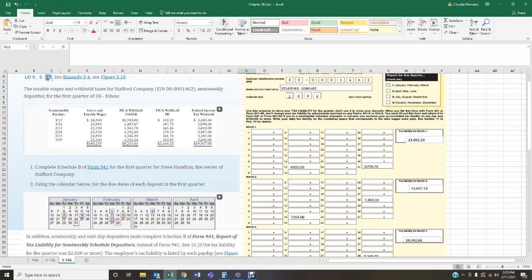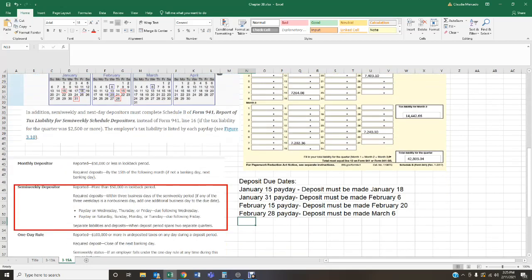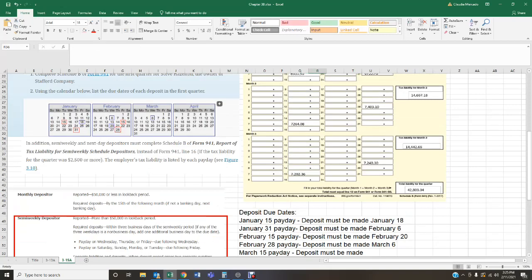Okay, so the next one we have is March the 15th payday. So it's just a matter of following the table here, and this is coming from your book. So let's look for March the 15th.